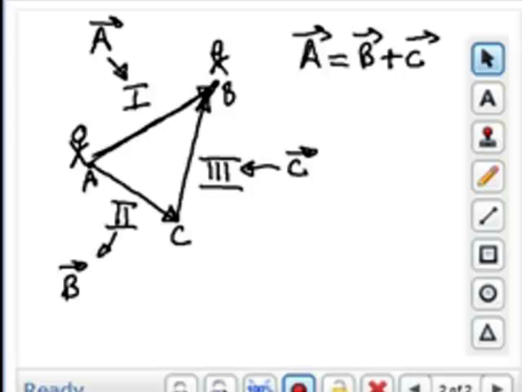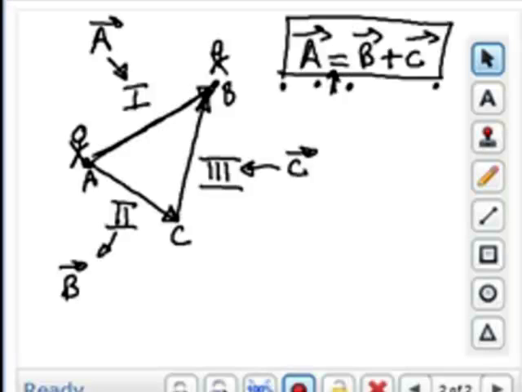This equality is true because I'm starting at the same point and I'm ending at the same point. Okay? Whether I take path 1 or 2 plus 3, what's common between those two is my initial and my final, and that's all I care about. So I am able to decompose a vector into the sum or the superposition of two vectors.